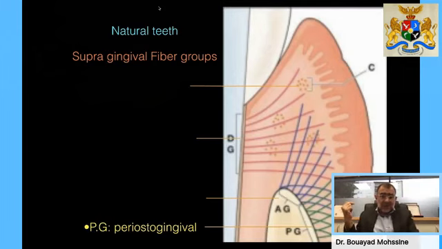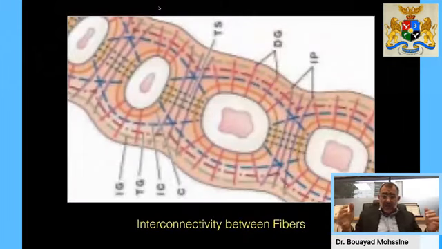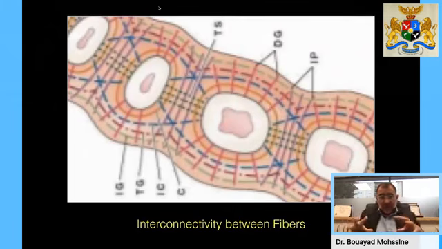All these fibers are interconnected to ensure the stability of the tooth and the stability of the soft tissue around the tooth.